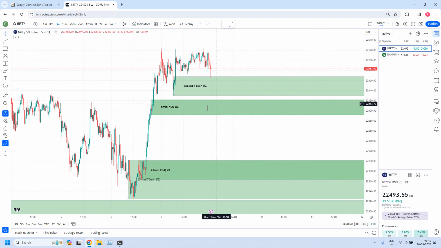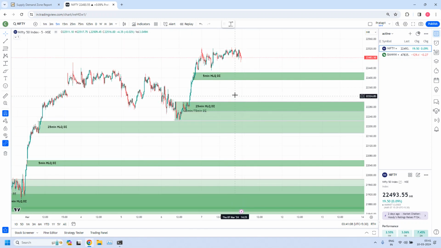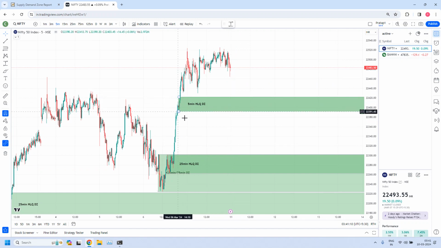Probably this may act as some support if demand is very strong on Monday. We don't know, this 15 minutes zone might be violated. Anyway, we have drawn this for reference purpose to check any high liquidity zones inside. That is the reason why I am removing that, because we are considering high liquidity zones as support.